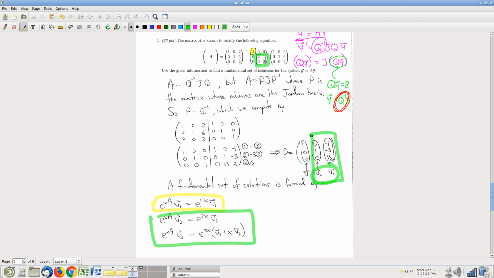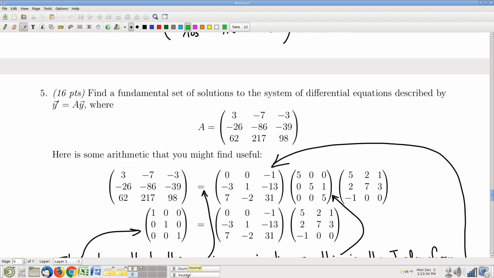Okay. All right. So that was a little devious, but again, that's what I want you guys to be prepared for: anticipating, having to figure out for yourself which one is the one that you actually care about. Okay, similar thing here. Want to solve y prime equals Ay.